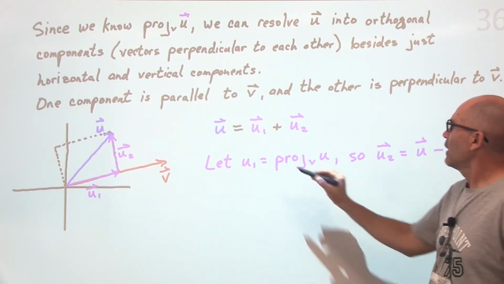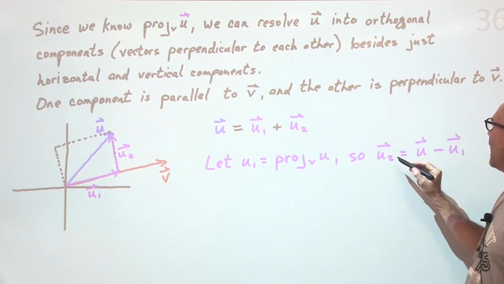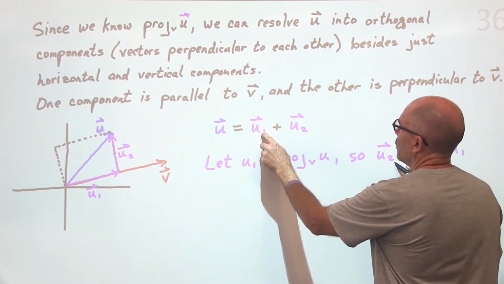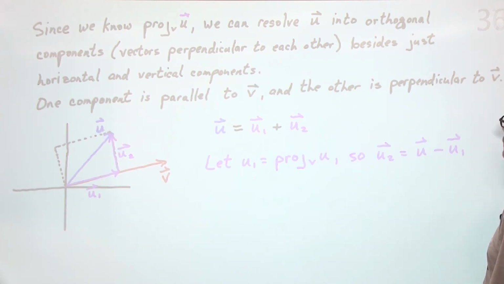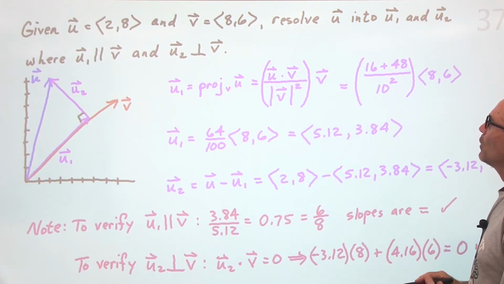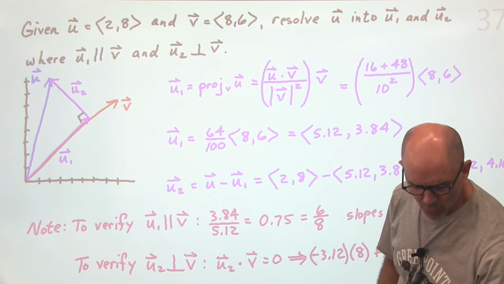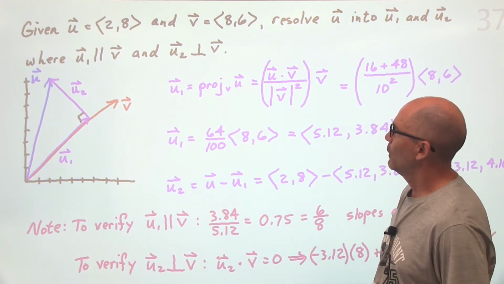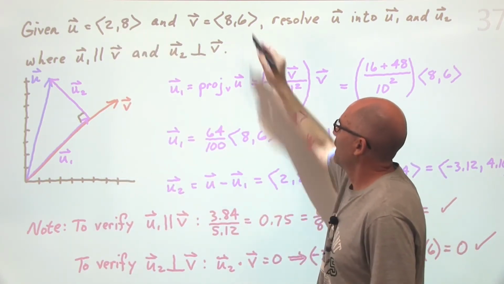So u sub 1 is the projection of u along v, and u sub 2 is going to equal u minus u sub 1. All right, so let's see what that does with numbers. Okay, u is 2, 8 and v is 8, 6.